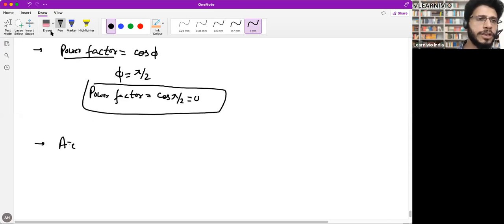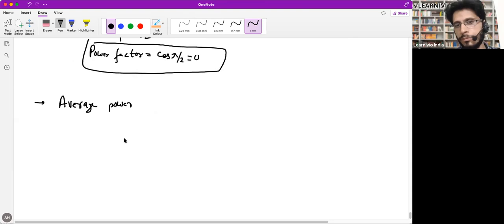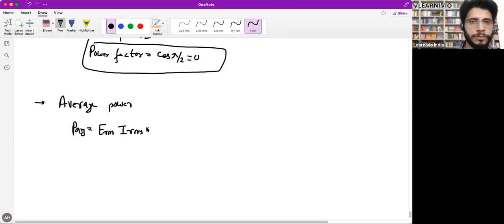After power factor, you can calculate average power. Nazira, what's the relation for average power? I RMS into E RMS into cos phi.